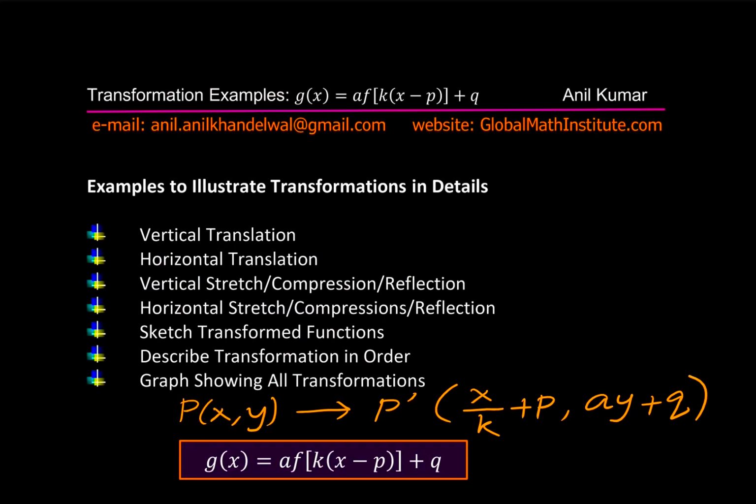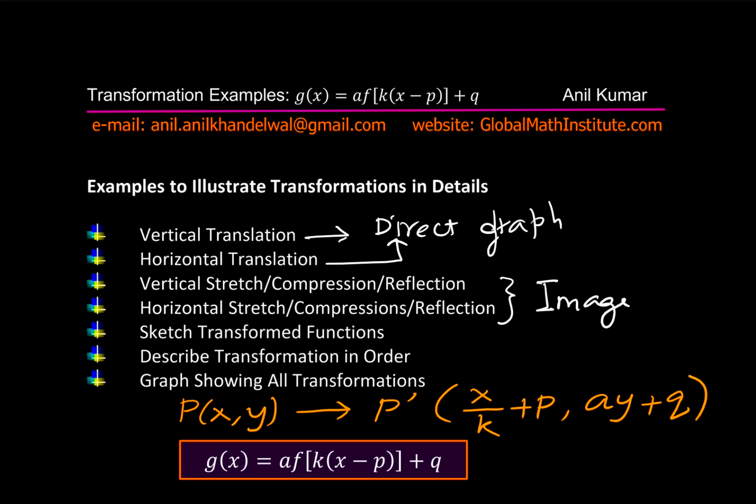So we actually went through all these examples. Now we know if we have vertical translations, then we should adapt direct graph. Correct? We should do this even if we have horizontal translations alone. But if we have these combinations, it is good to find the image points. Correct? So that is kind of important to understand.